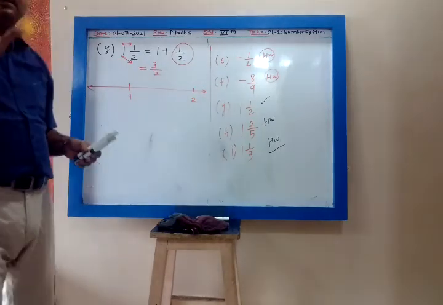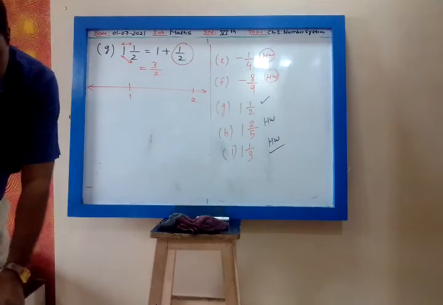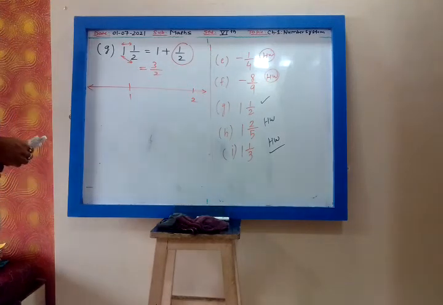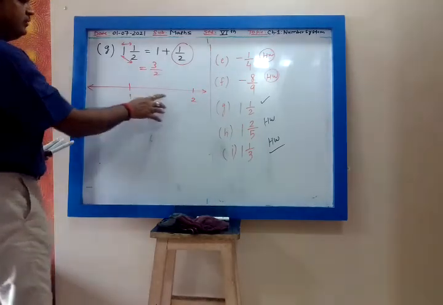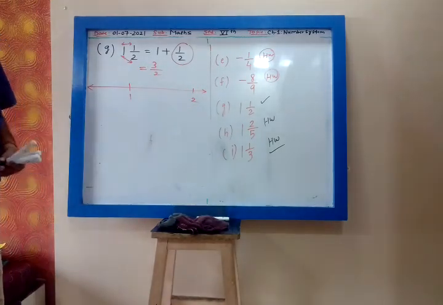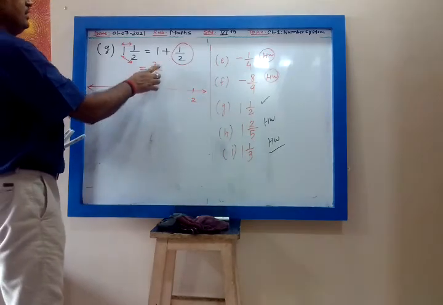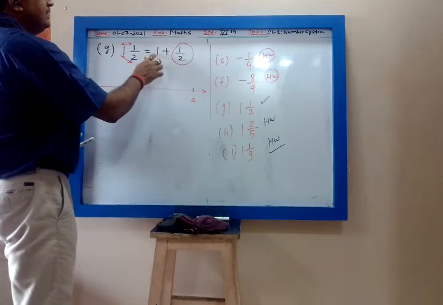Only diagram is sufficient, my dear. Then you will divide this into how many parts? 1 and 2, yes or no? Into 2 parts. 1 plus 1 by 2 means it is more than 1.